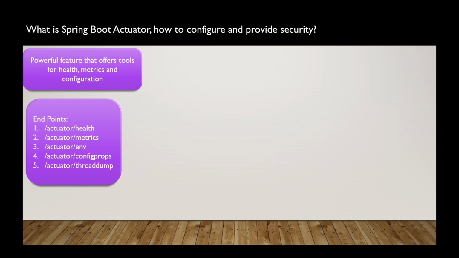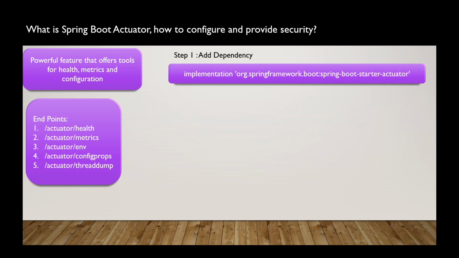And coming to configuration, we need a dependency to add to our build.gradle or pom.xml. If you are using Maven, then you need to add the Maven dependency. For simplicity, I added this Gradle dependency, spring-boot-starter-actuator.